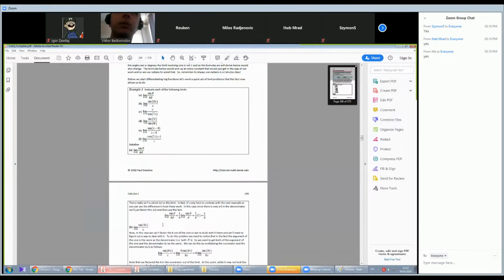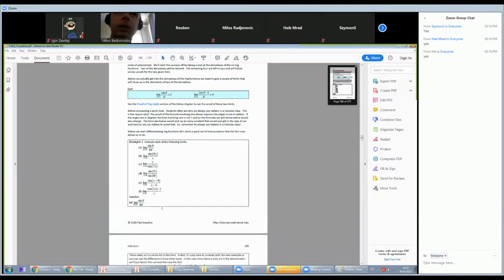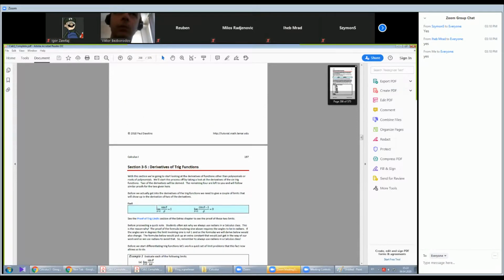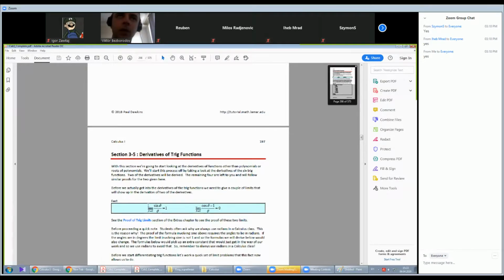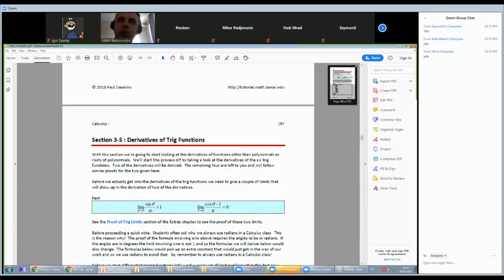Yes, this is one of the limits, and it is very important: the limit of sine theta divided by theta equals 1 as theta goes to 0. So when theta goes to 0, you can replace this by 1.